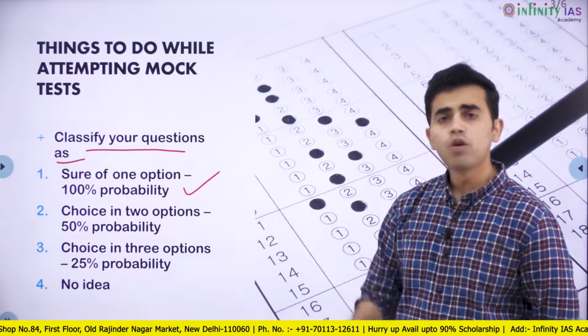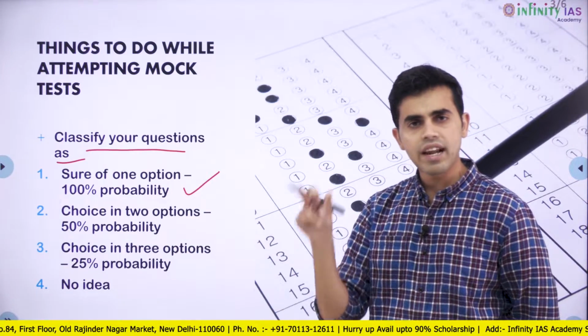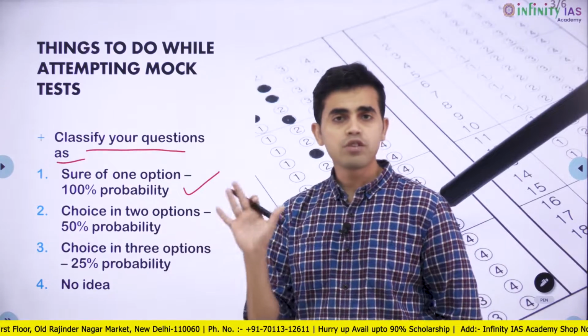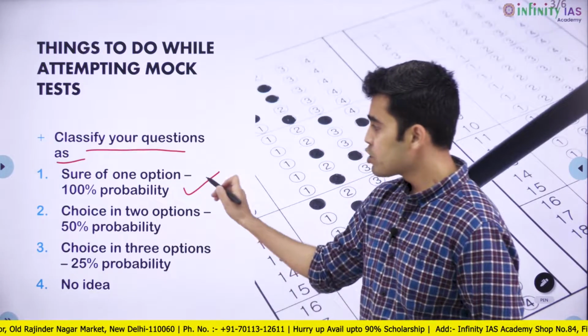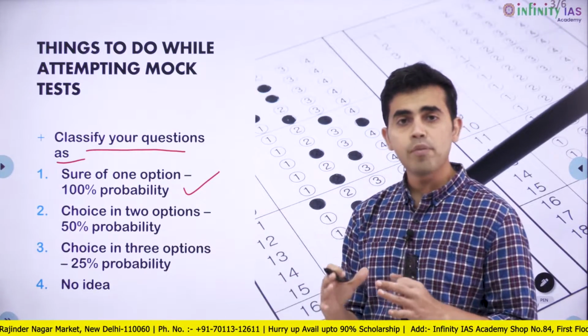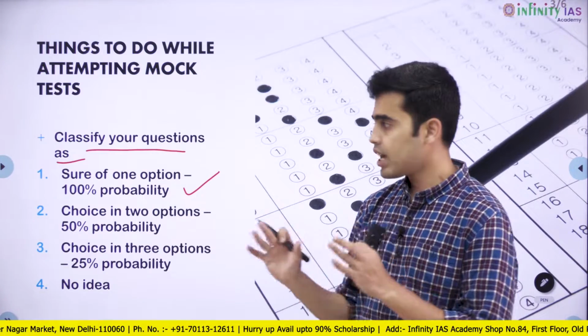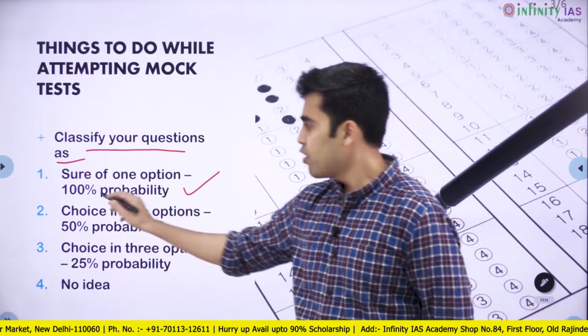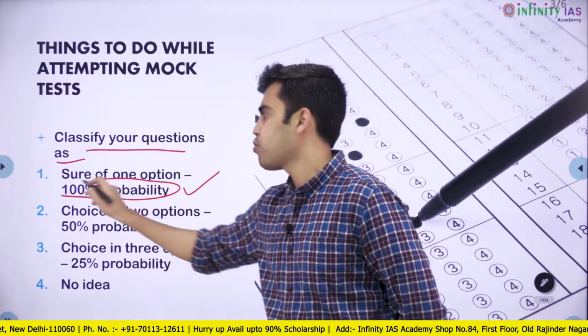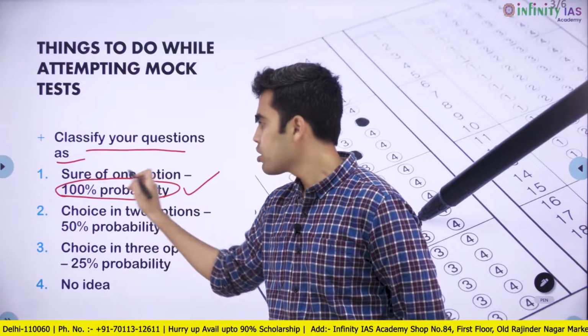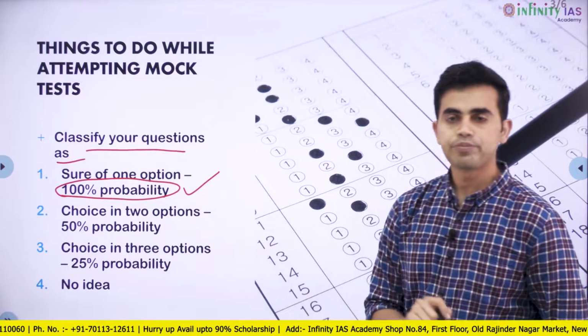That means we know that one option is the right option and we know the answer 100%. So what is the probability of getting that answer right? As of now, it is 100% because we know that one option is right.